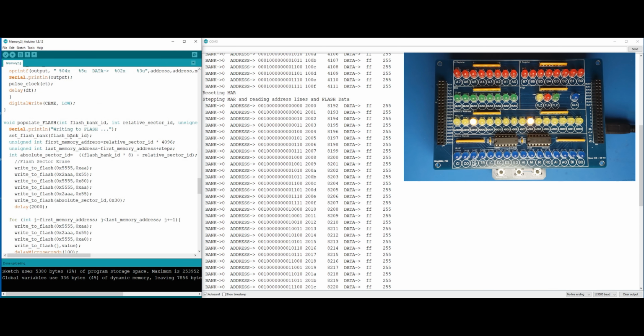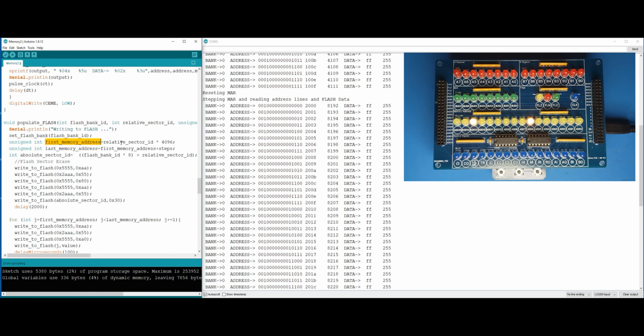In populate flash, the first line just prints that we are writing to the flash. As you can see, the first step is to set the flash bank, and we already passed that value through the function. So we're going to set the flash bank to the specific bank that we want to write to. However, now we have to calculate the first memory address that we are trying to write to.